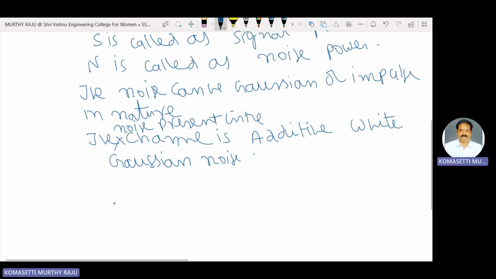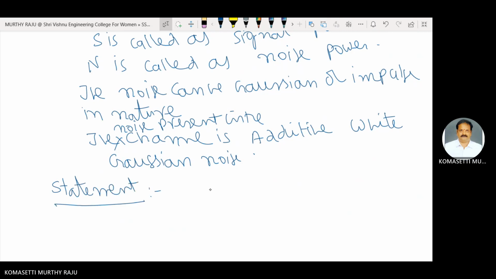In the statement form, generally information rate is represented as R equals small r into capital H, where small r is the number of messages, symbols, or samples generated per second.